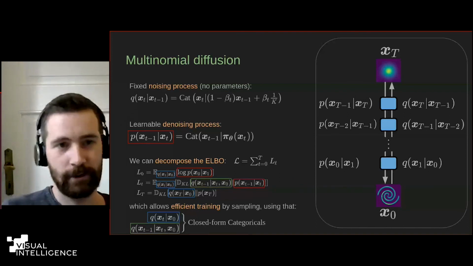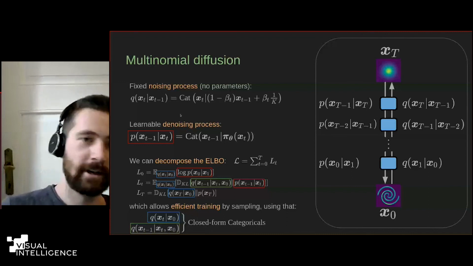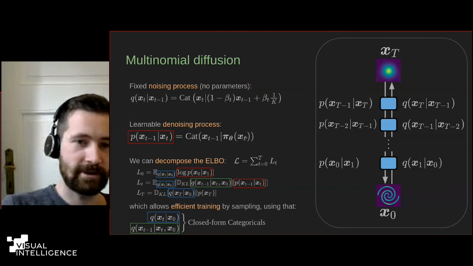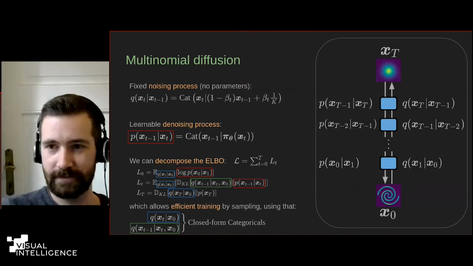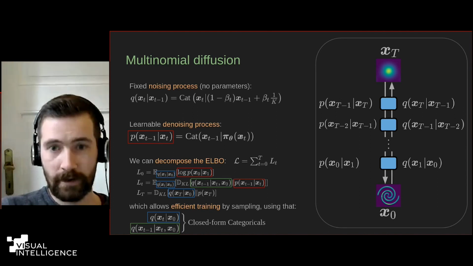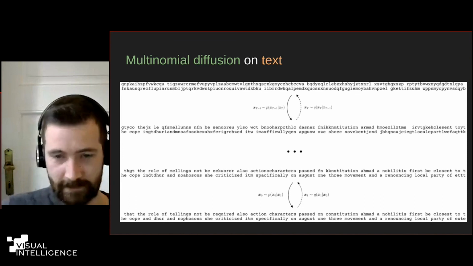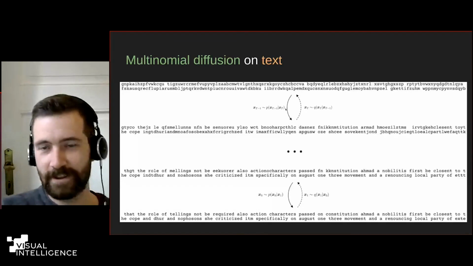So at a high level, the main difference is really that we replace the Gaussian with a categorical. And there are, of course, some details as to how you parameterize this and so on to make it work well, but I won't go into detail here. And here is an example of the generation process of a sentence.